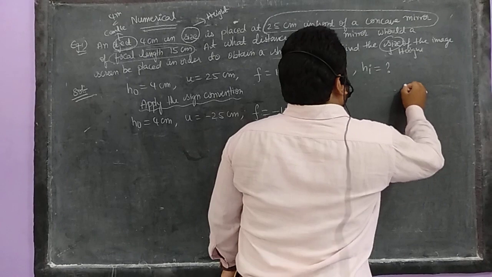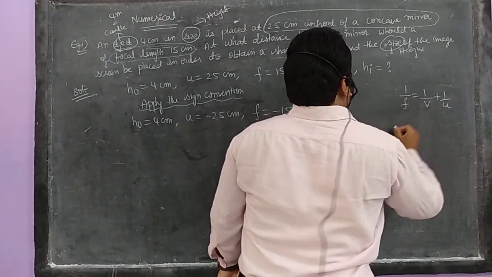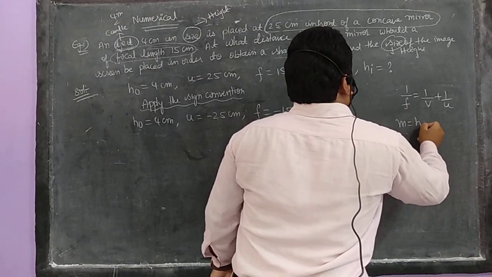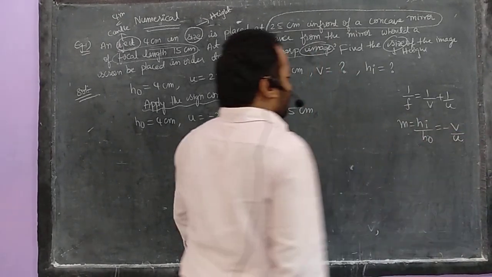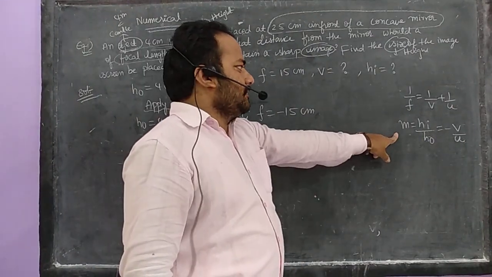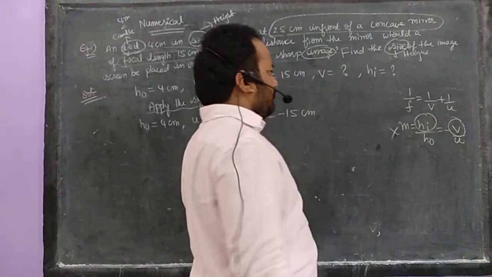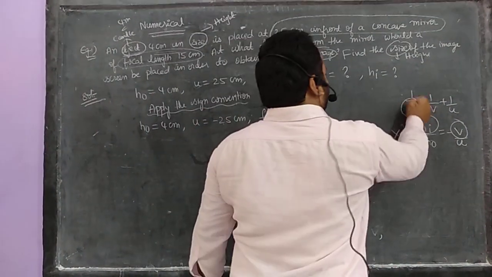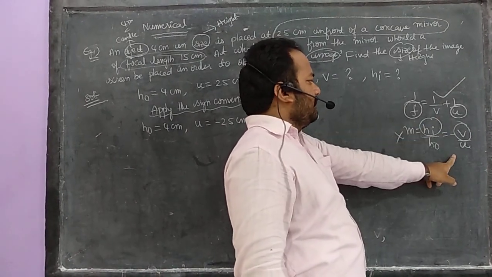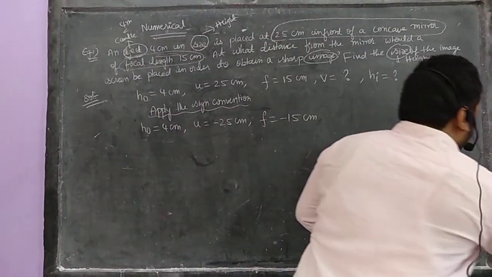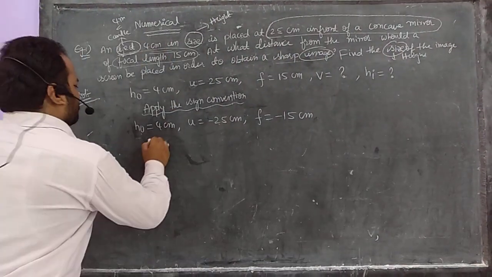One is the mirror formula: 1 by F is equal to 1 by V plus 1 by U. And the magnification formula: M is equal to HI by HO is equal to minus V by U. If you find V, it becomes easy to find the magnification.